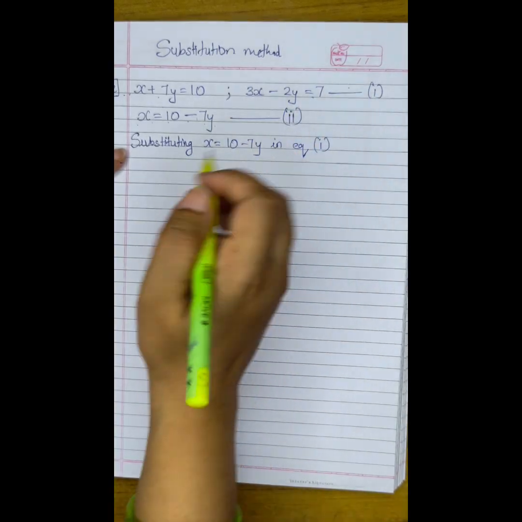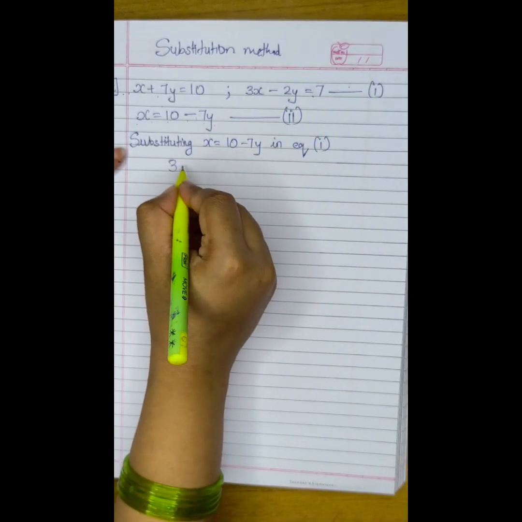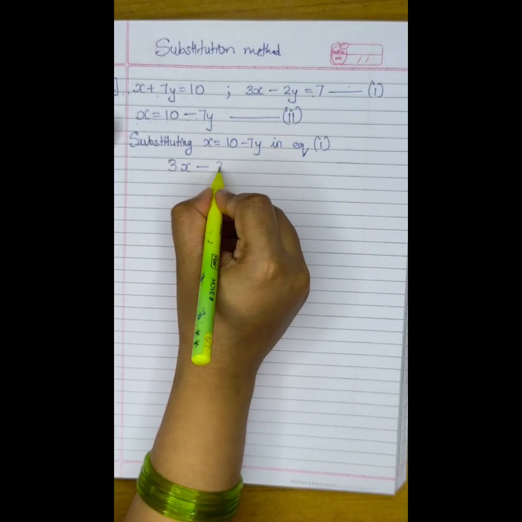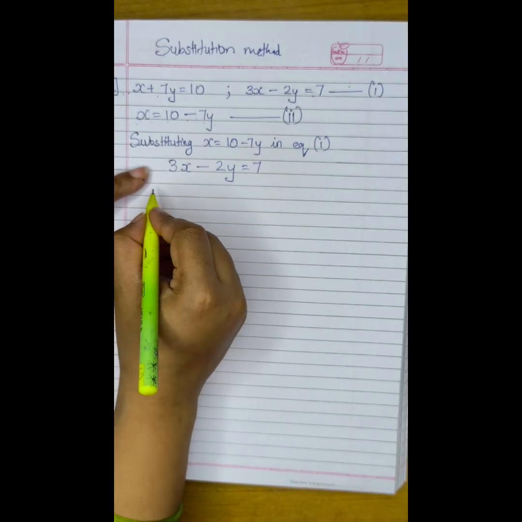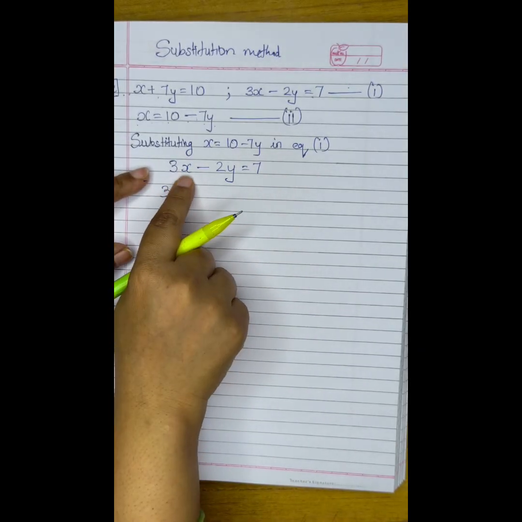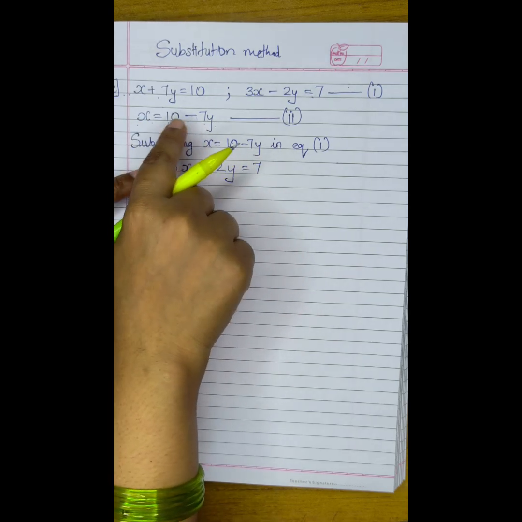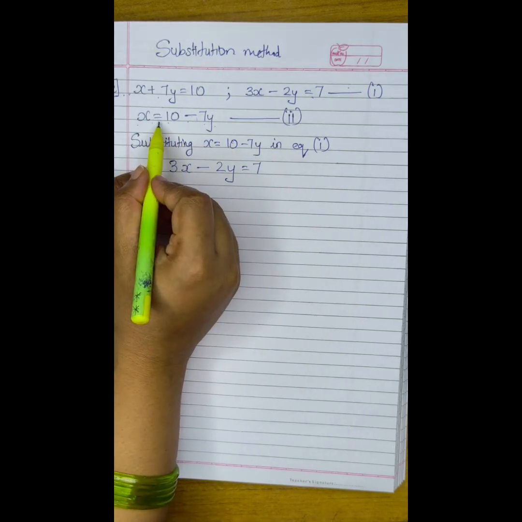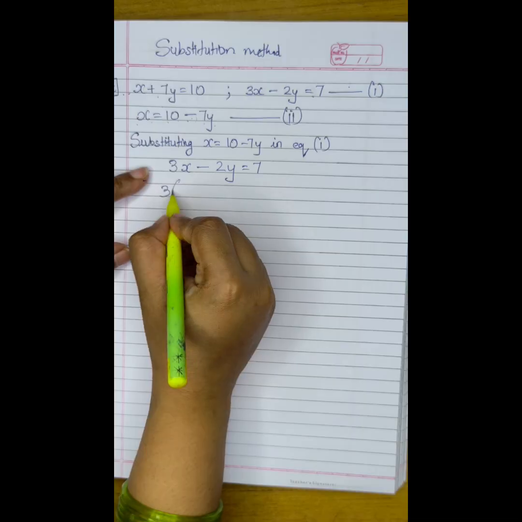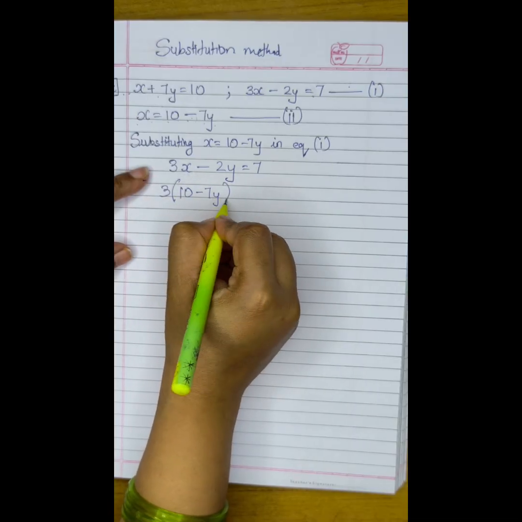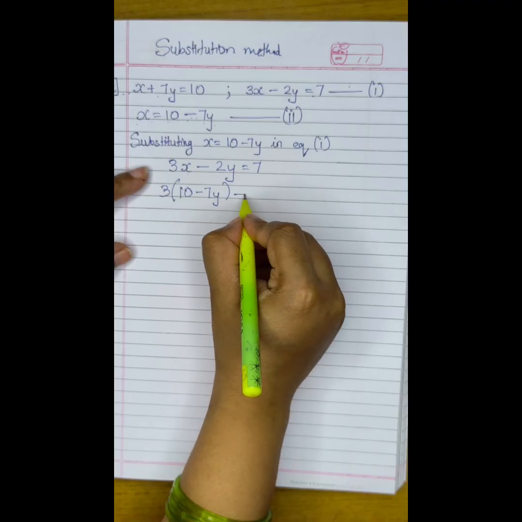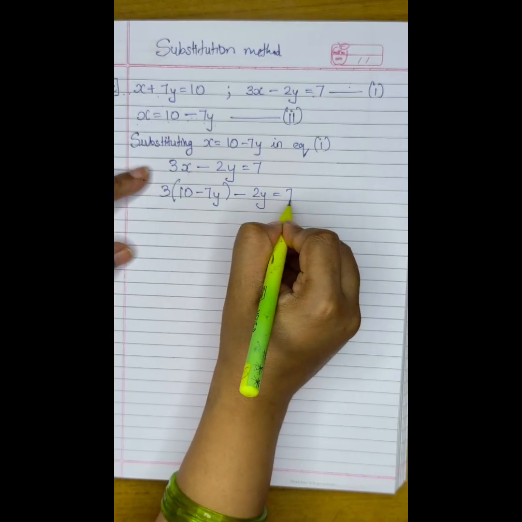So write this first equation, 3x minus 2y is equal to 7. Now write this 3 as it is, and instead of x we will use 10 minus 7y. This will be as it is, minus 2y is equal to 7.